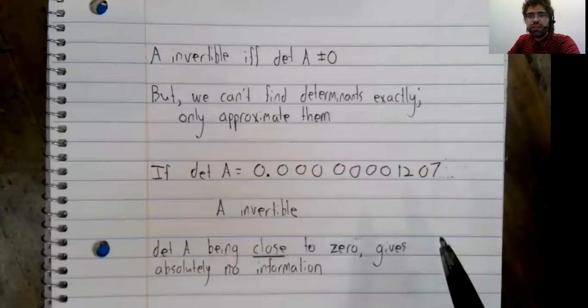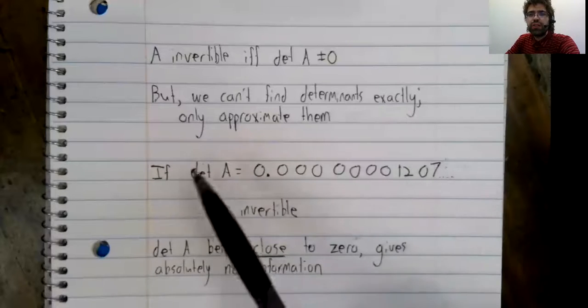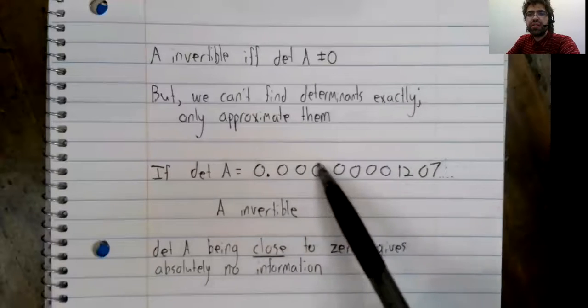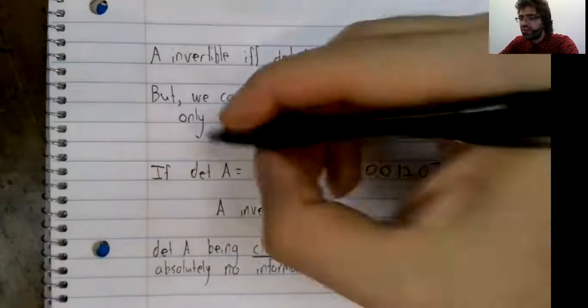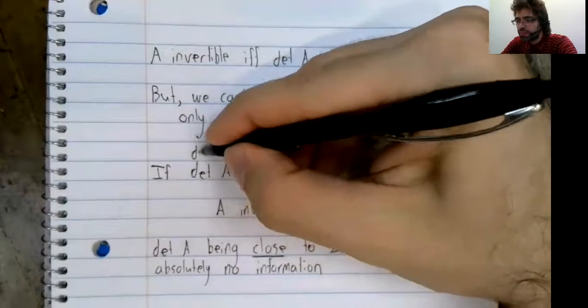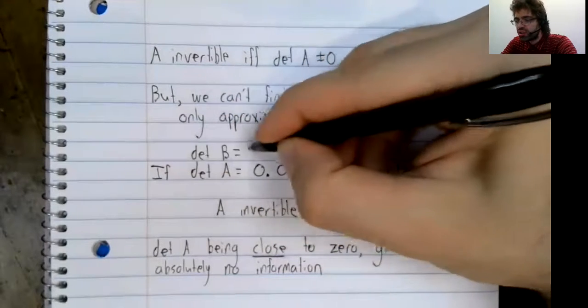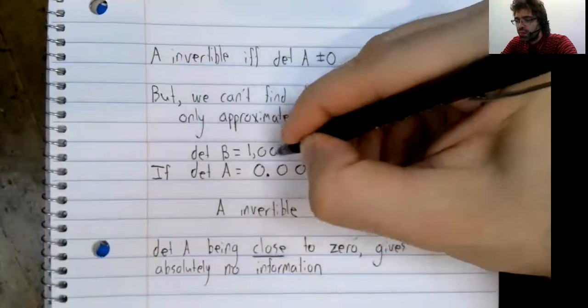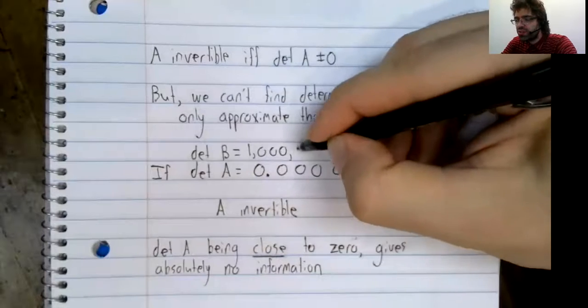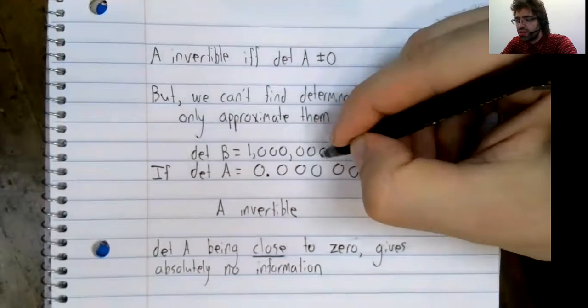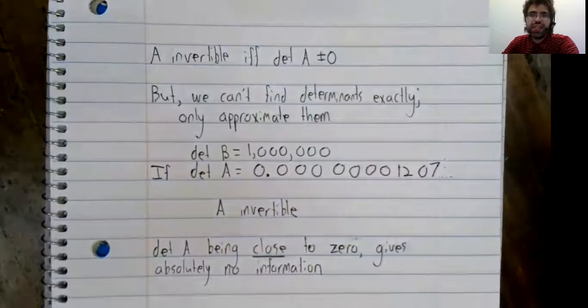It really feels like having a determinant of this and having a determinant of this should be giving you different pieces of information.